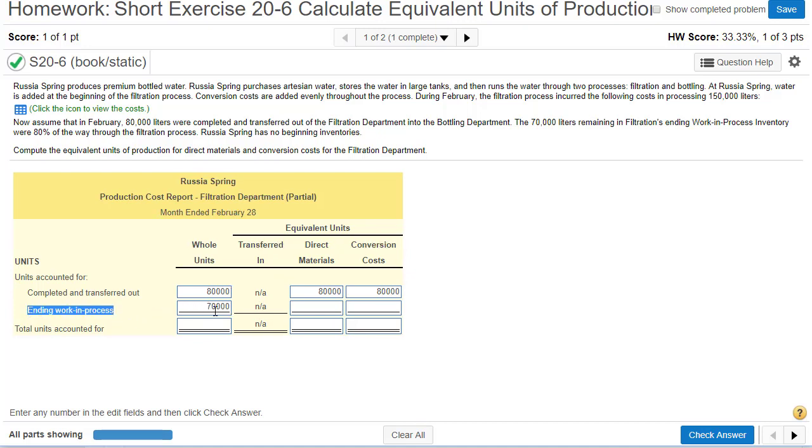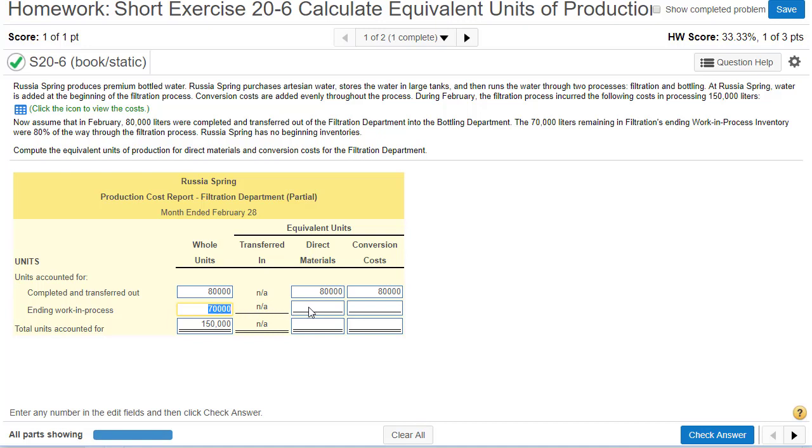So we had 80,000 finished, and at the end of the period, 70,000 were still in process. All right. So by the way, we can take the 80,000 plus the 70,000 gives us 150,000, which is the amount that we have to account for. All right. So 70,000 are still in process.